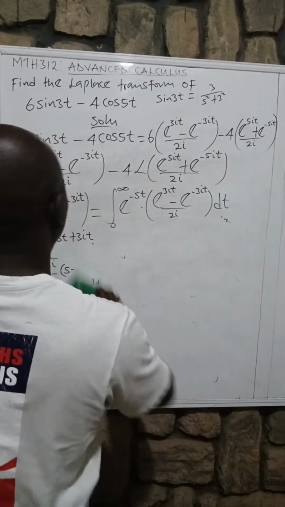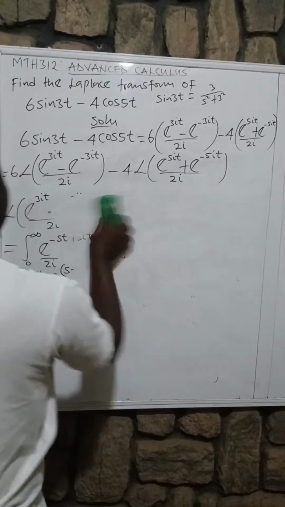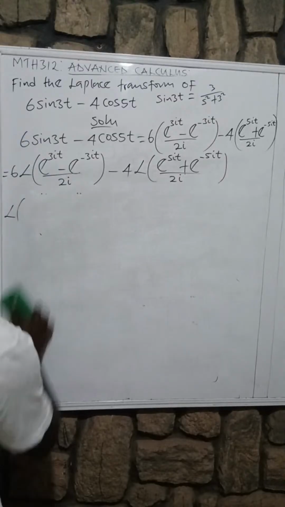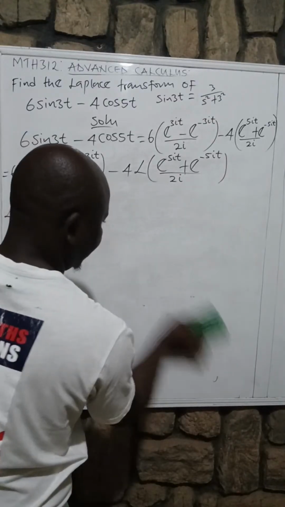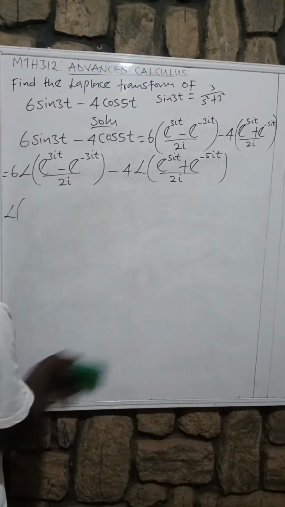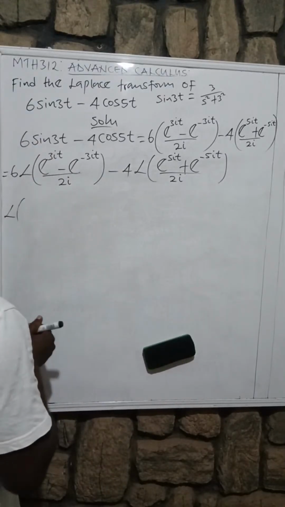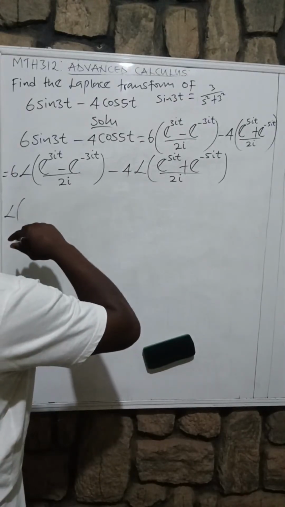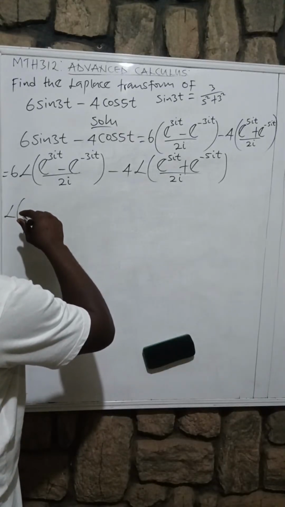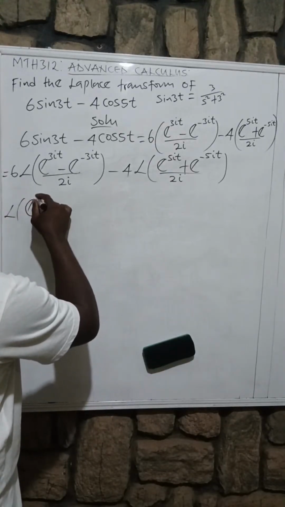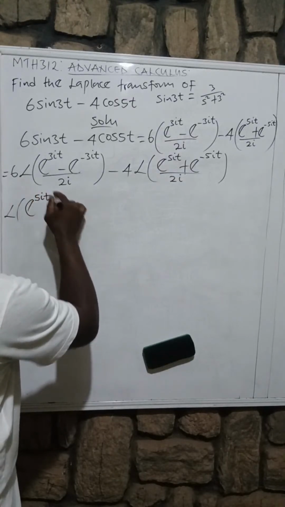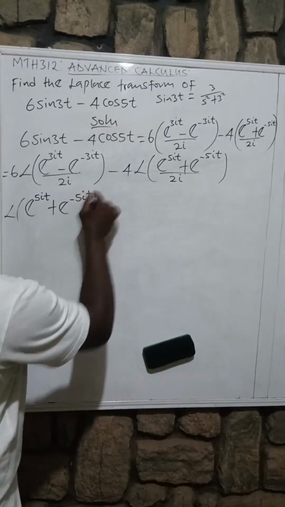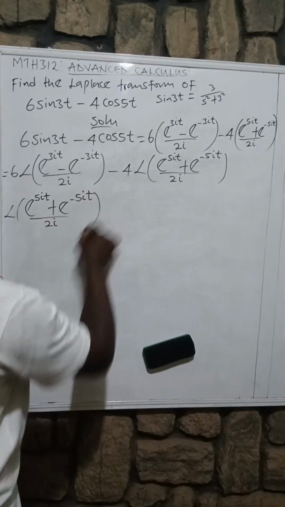So here now will be exponential 5it plus exponential minus 5it all over 2i, right?